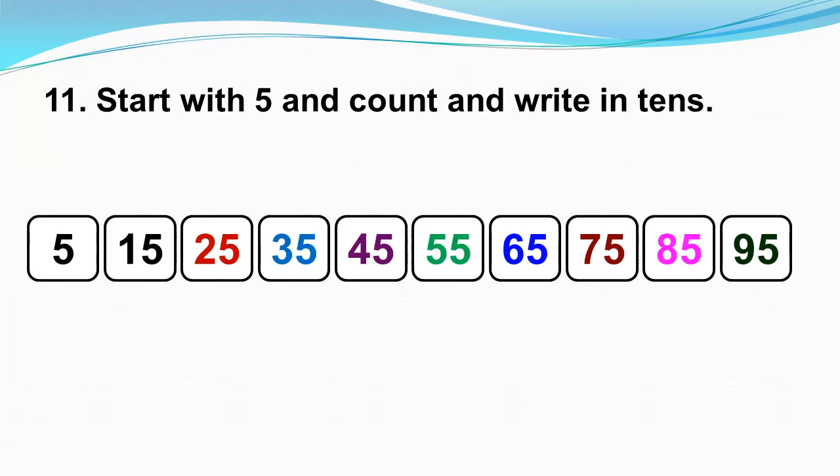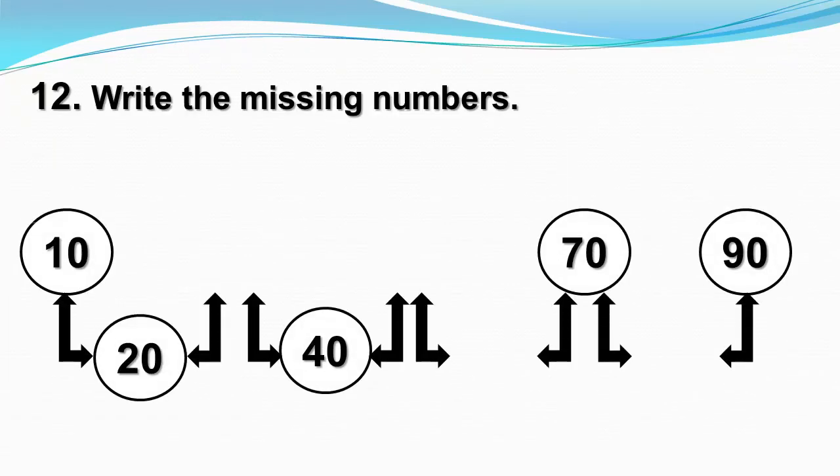Here is question number 12. Write the missing numbers. In this question, we will also add tens. First, we have 10, and when we add tens into 10, the number comes 20.